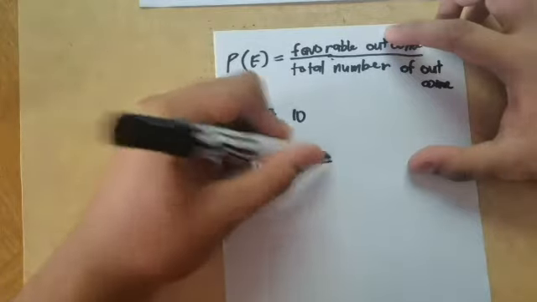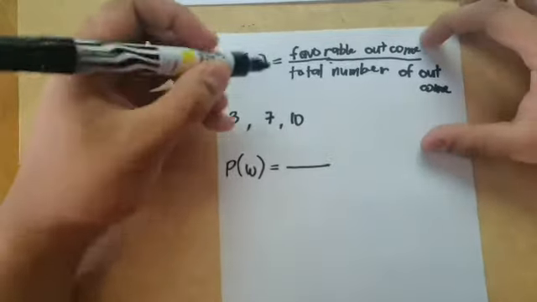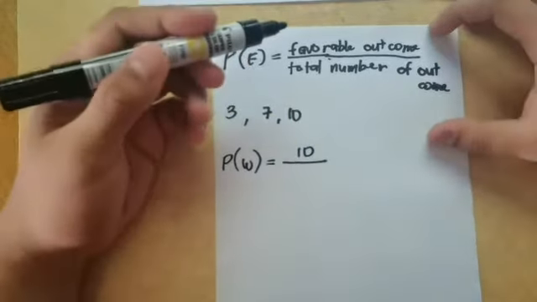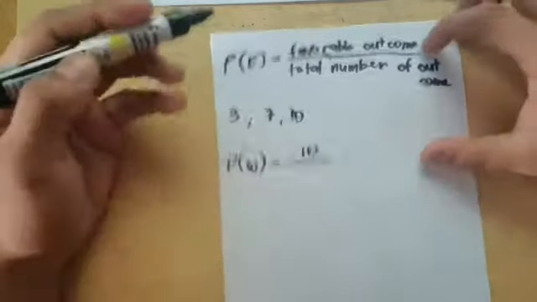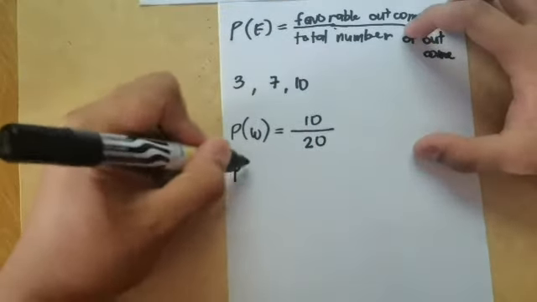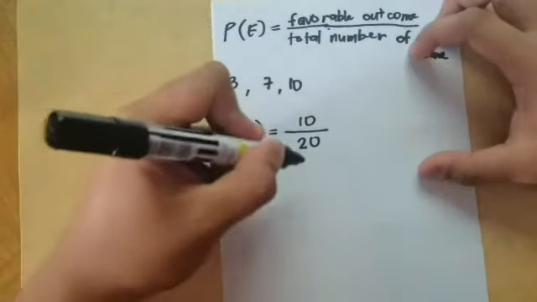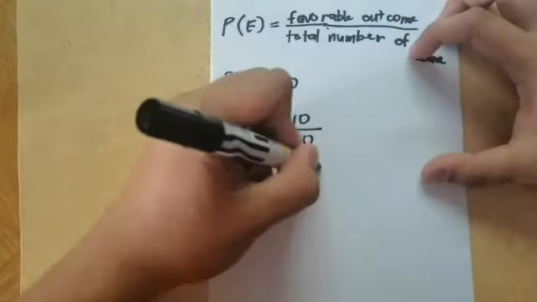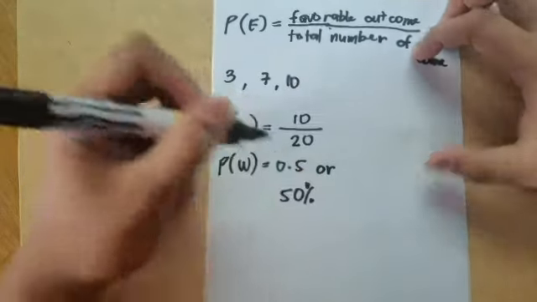The number of favorable outcomes should be 10 because that's the number of white marbles, over the total number of outcomes. We just need to sum these numbers up, so this should be 20. So the probability of the white marble drawn at random is 0.5 or 50%.